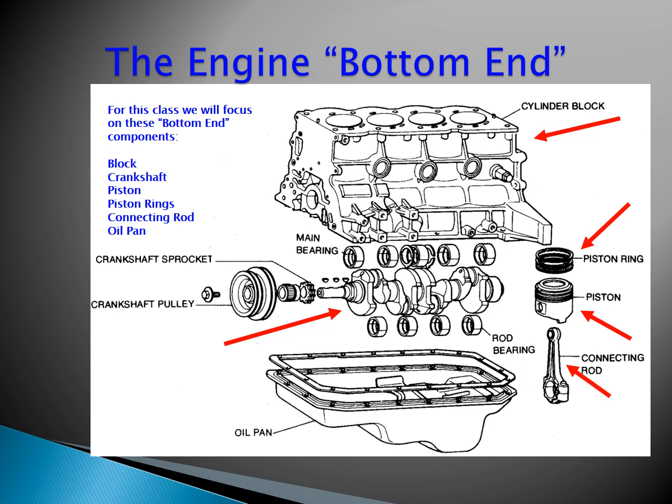And then down here we have the connecting rod, which connects the piston to the crankshaft. Last but not least, we have the oil pan. The oil pan is where the oil reservoir is. Generally, your oil pump is located inside that as well. So let's move on.